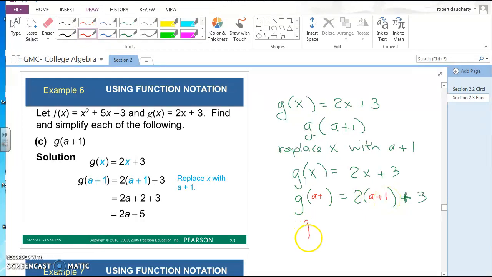And so g of a plus 1 is equal to 2a plus 2 plus 3. G of a plus 1 equals 2a plus 5. Okay, so all you're doing is wherever you saw an x, you're replacing that with an a plus 1.